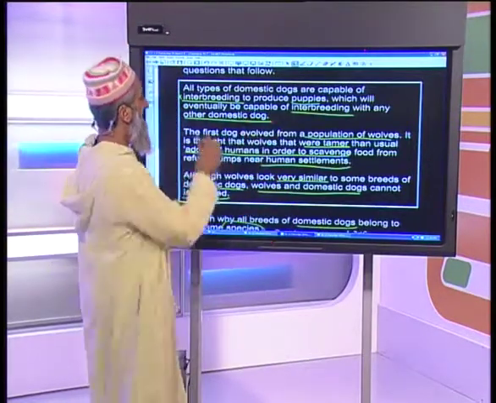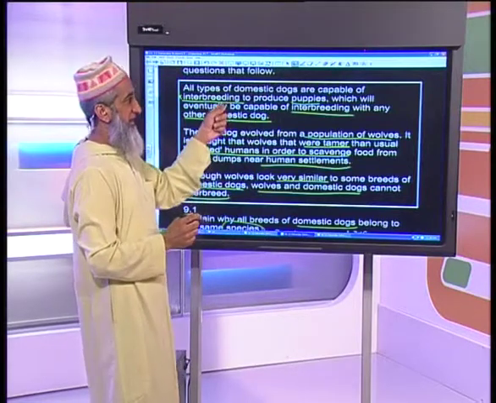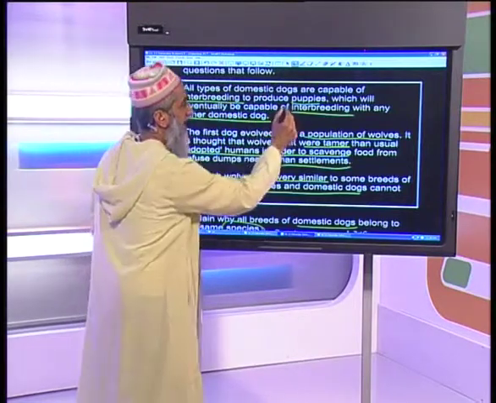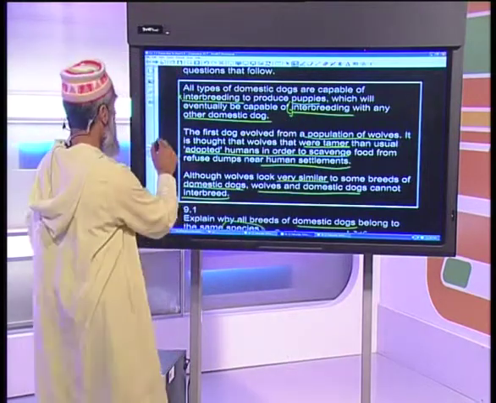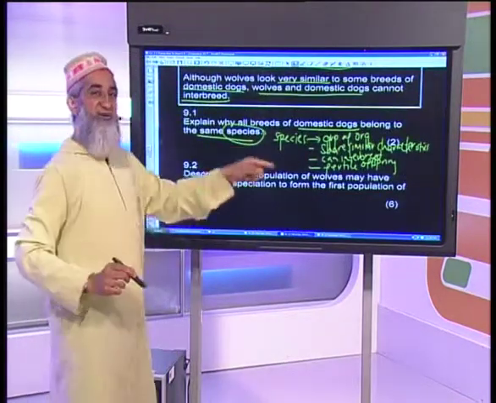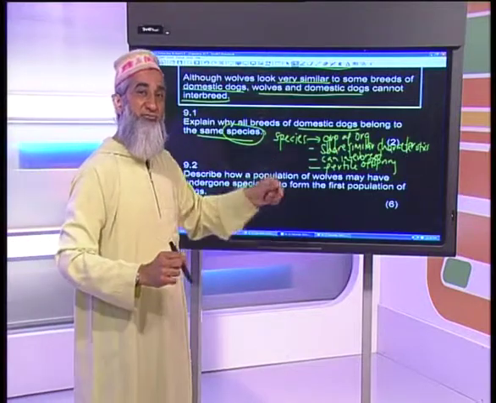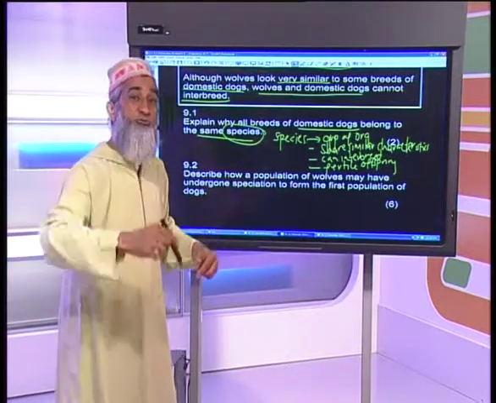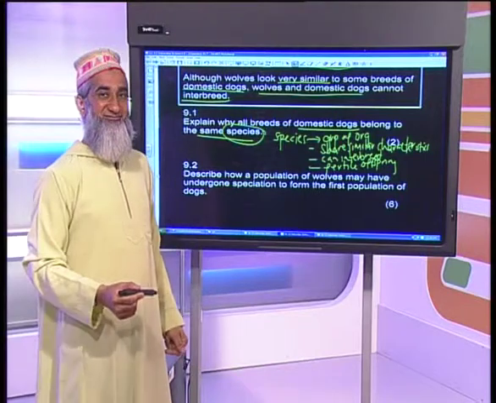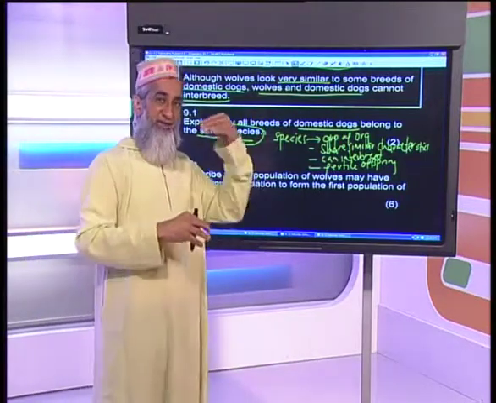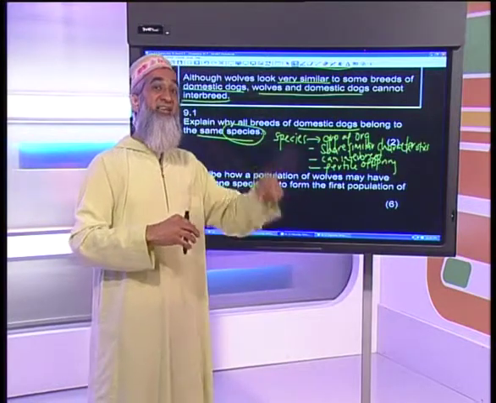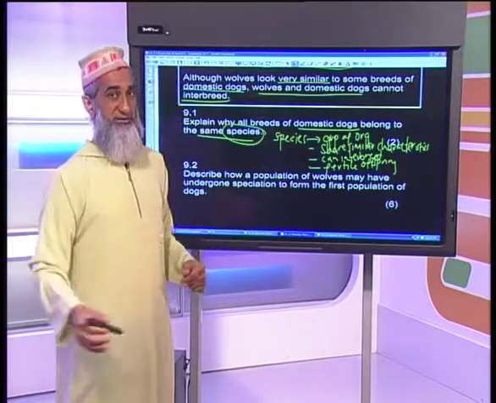Secondly, they told us they are capable of interbreeding, and their puppies are also capable of interbreeding. When we said in our definition, producing fertile offspring, we mean that the offspring, the puppies in this case, must also be able to produce offspring. When organisms of the same species mate and they have offspring, then their offspring can have more offspring.